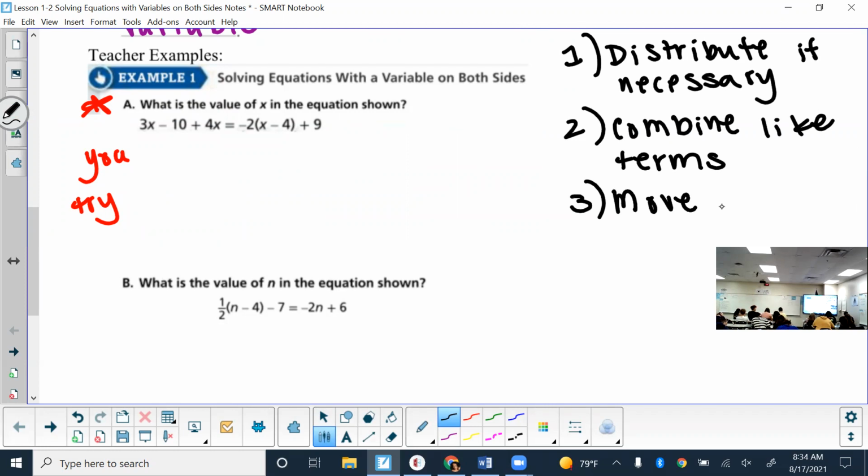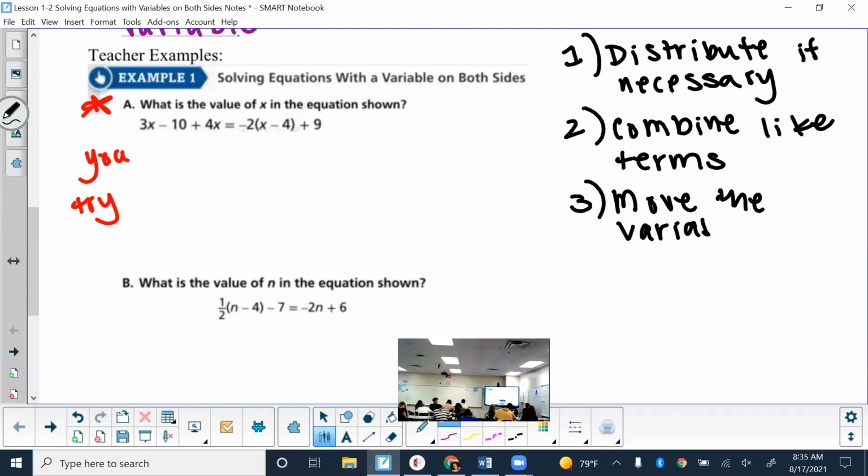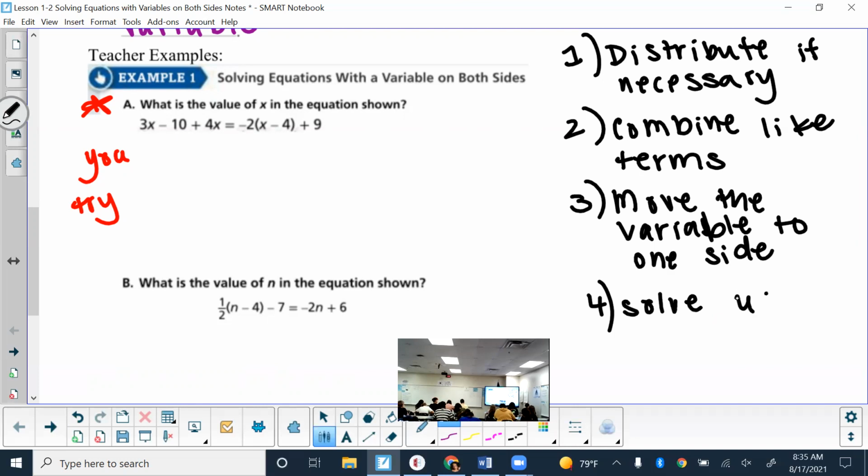This one's a new one, so it's move the variable to one side. And then step 4 would be to solve using inverse operations.